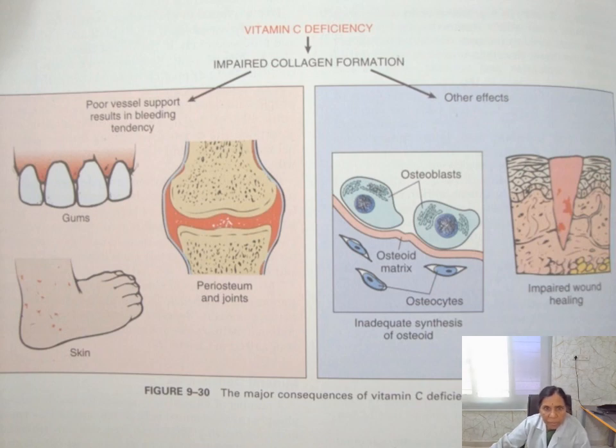See, vitamin C deficiency, impaired collagen formation, leads to poor vessel support and results in bleeding tendency. It is in gums, in skin, and periosteum and bones. And here other effects also, impaired wound healing. This is the structure of skin layers, delayed wound healing, and here inadequate synthesis of osteoid.